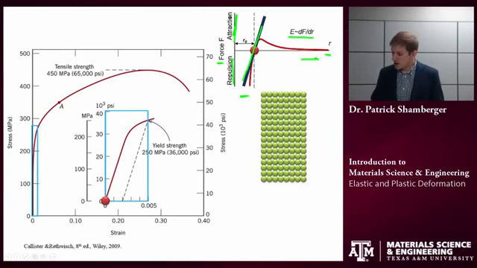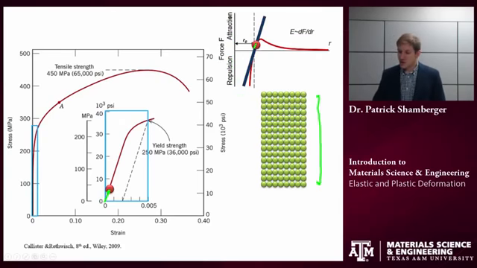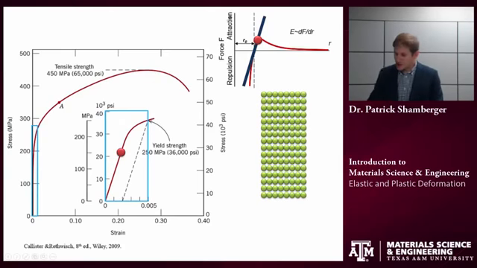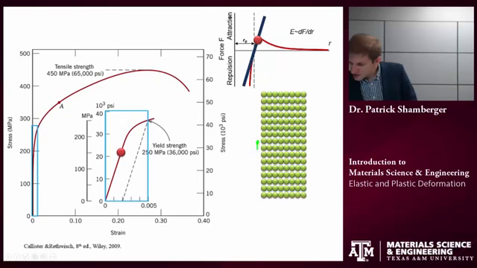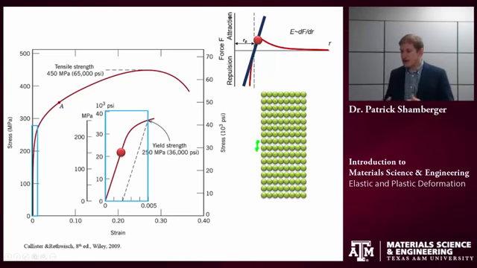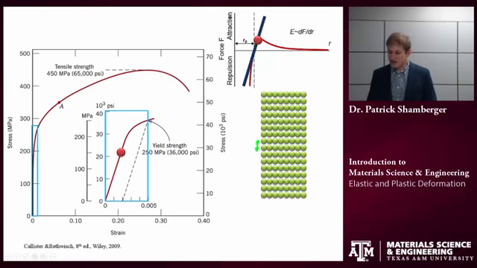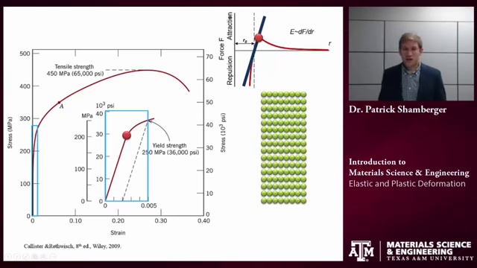Let's see that one more time. As I'm loading material, in this case it's under tension, the stress is increasing. The interatomic separation between atoms is increasing in the direction that I'm tensilely loading the sample. And it increases up to that maximum stress that I exert on the sample.